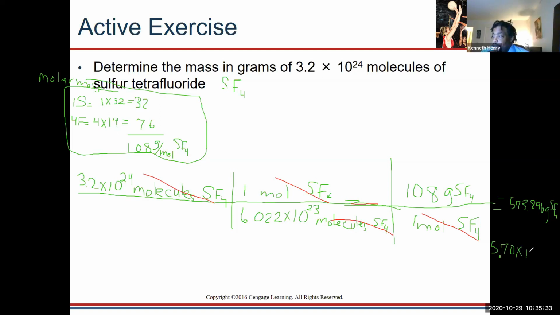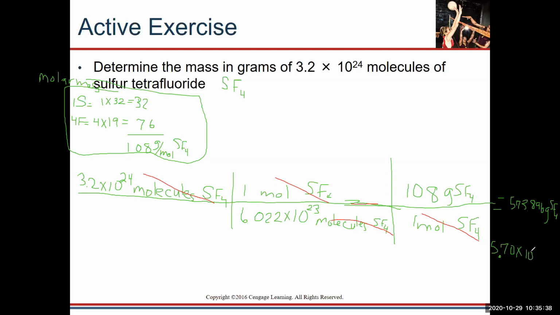Times 10 to the third power, you said? I said 23, but is it 3?